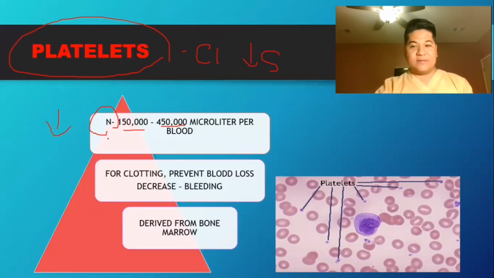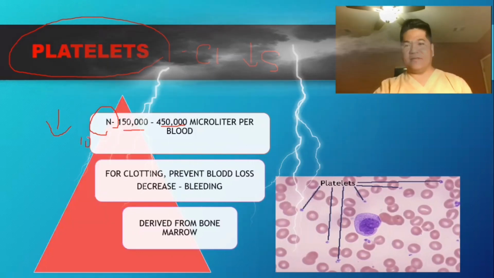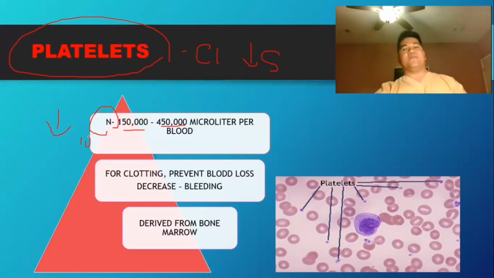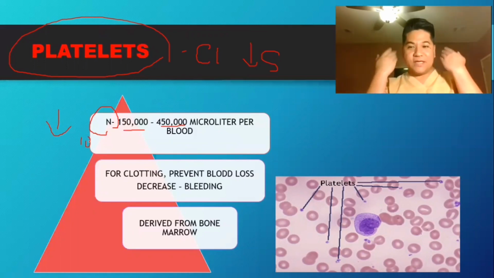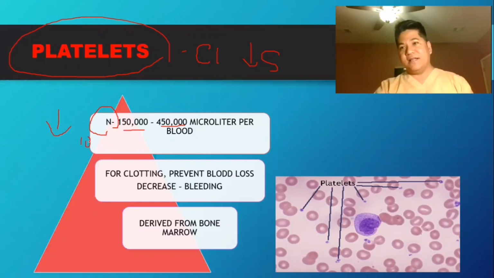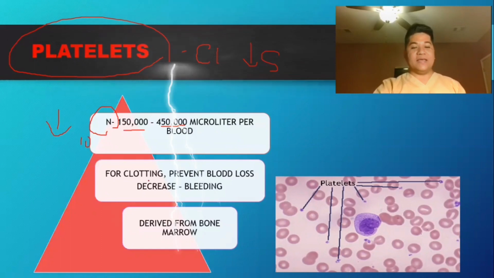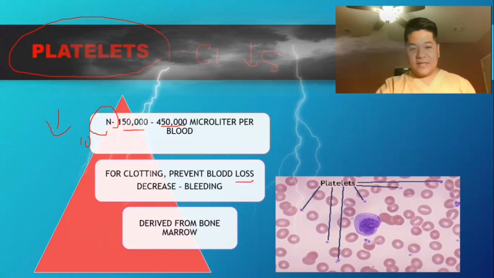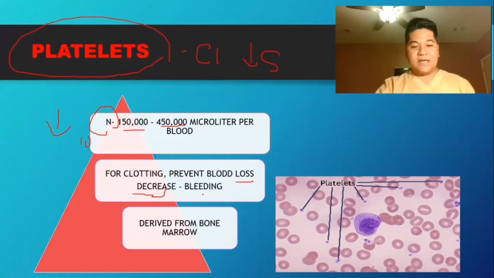Sometimes a person would have 10,000, and their internal organs are bleeding, or even 3,000, and they are bleeding everywhere: the nose, ears, eyes, mouth, because bleeding cannot be controlled. This is for clotting and prevention of blood loss. If this decreases, it will lead to bleeding, and eventually to shock and death.